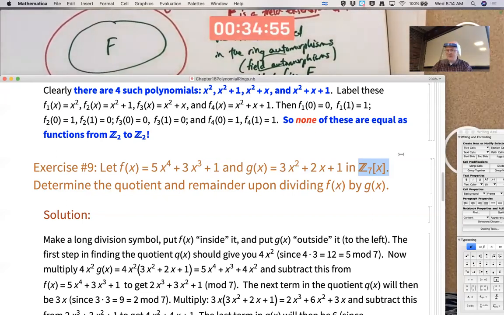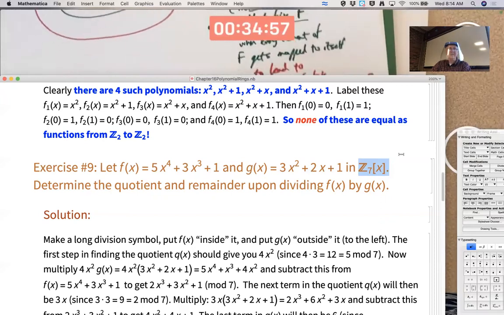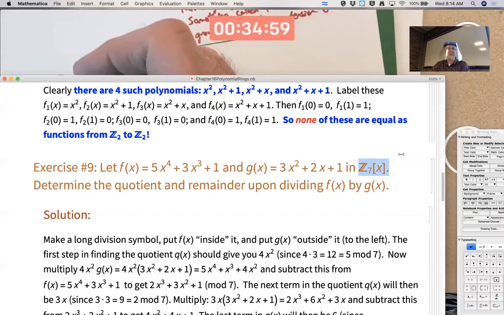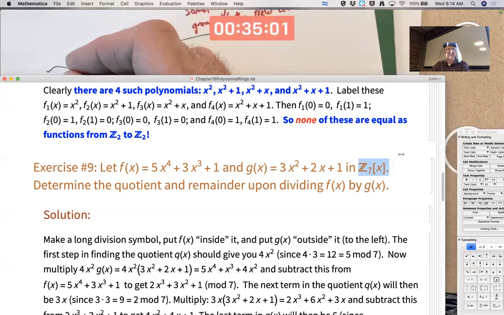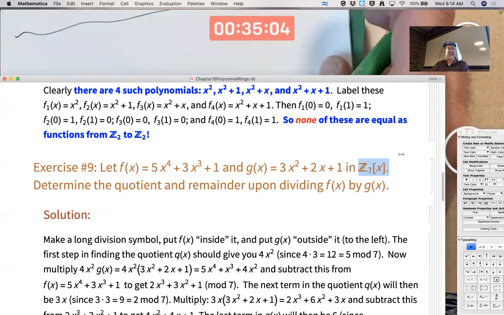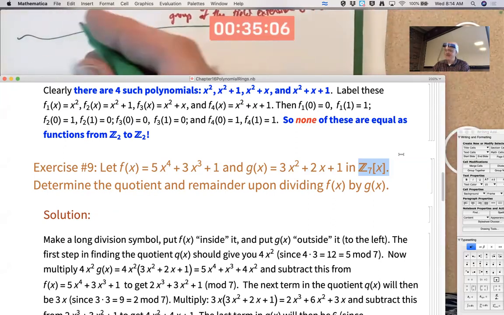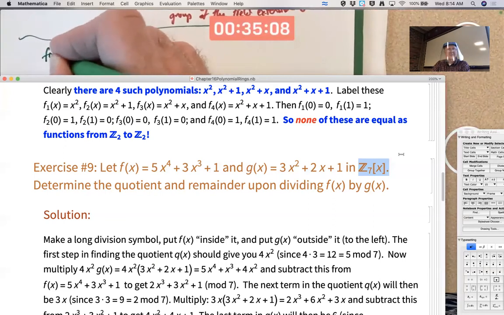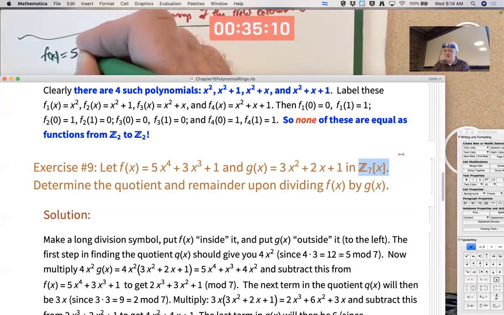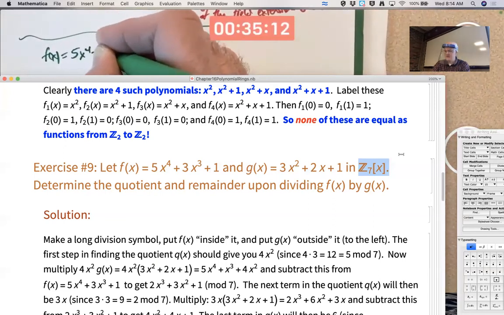All right, let's go ahead and follow the directions. Let's determine the quotient and remainder upon dividing f of x by g of x. We want to do some calculations to make things concrete. So f of x is 5x to the fourth plus 3x cubed plus 1.